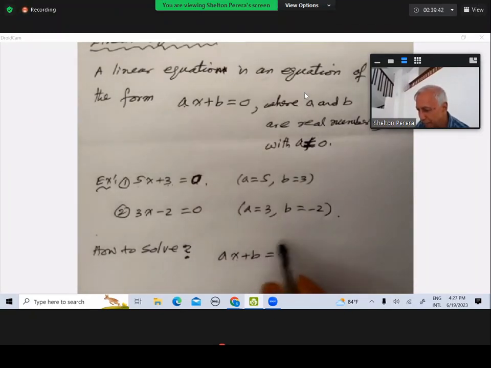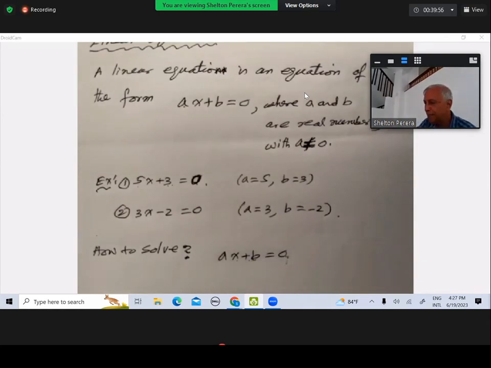Taking this b to the other side is the same as adding minus b to both sides. When you add minus b, this becomes 0, and b minus b becomes 0 plus minus b, that is minus b. So from this we can get the equivalent equation ax equals minus b.